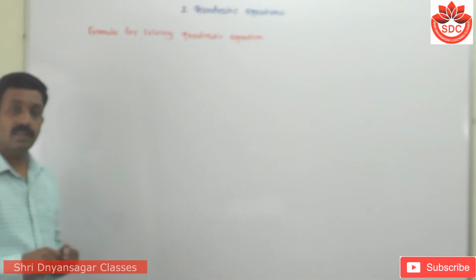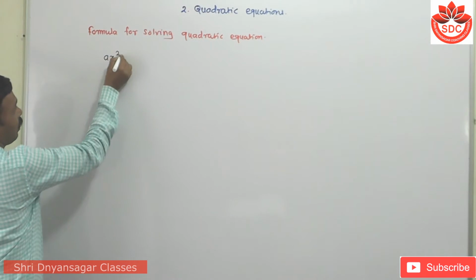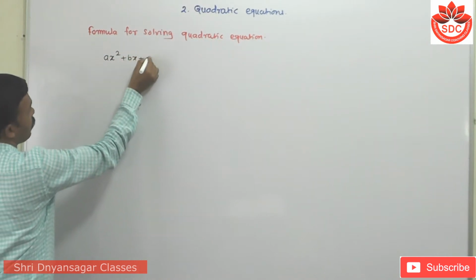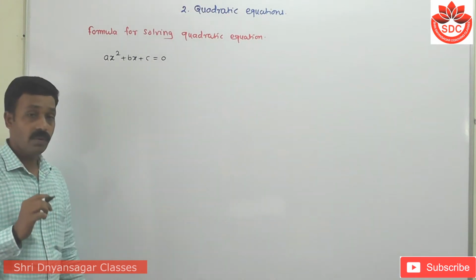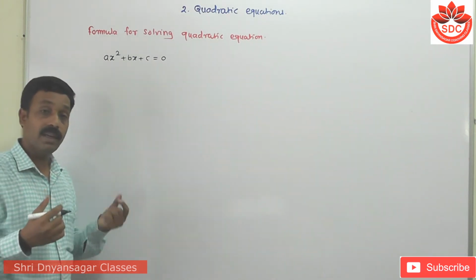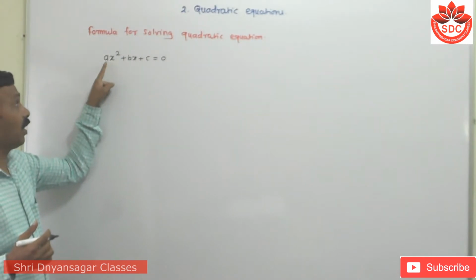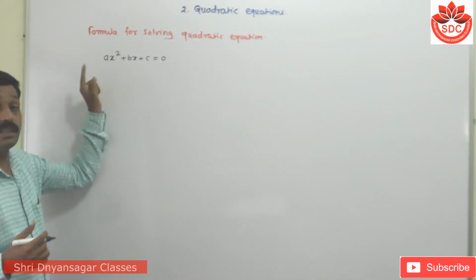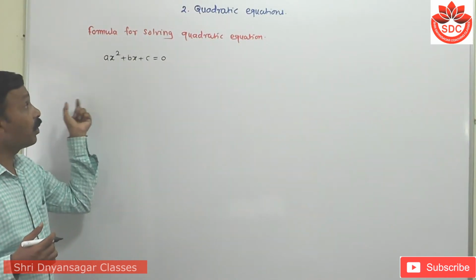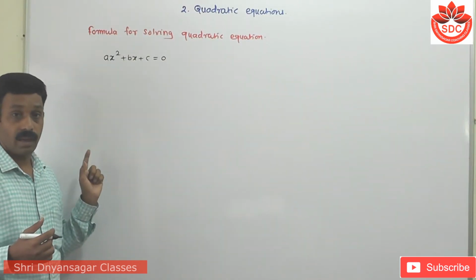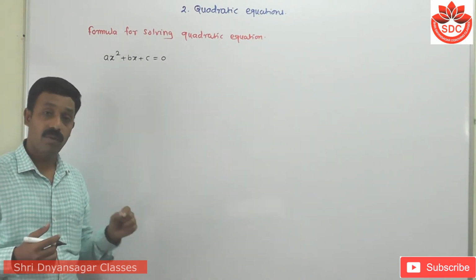All of you know that the standard form of the quadratic equation is ax square plus bx plus c equals 0. Students, for solving any equation, we have to convert the coefficient of x square to 1. For this, we divide both sides by a, which means we use the completing square method to find the formula.